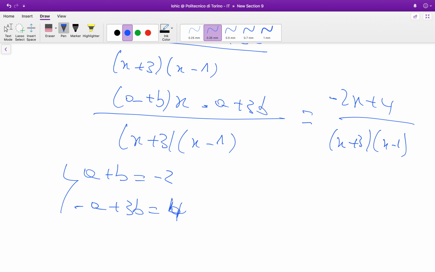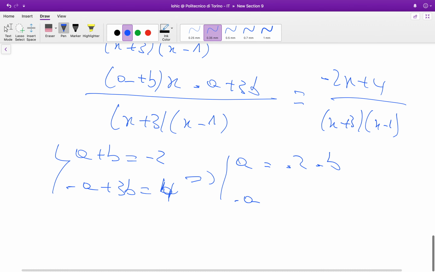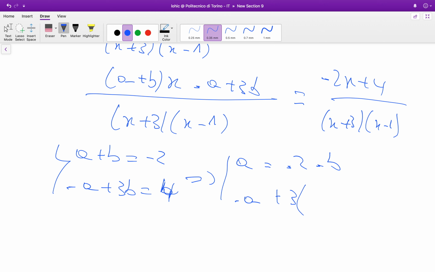This is a system with two equations and two unknowns. For example, from the first equation we get that a is nothing else than minus 2 minus b, right? So we put it in the second equation. Excuse me, I made a mistake.